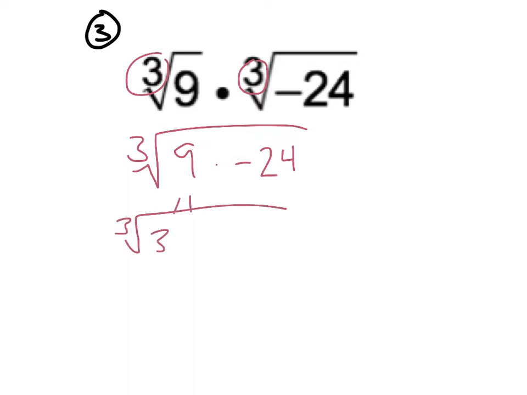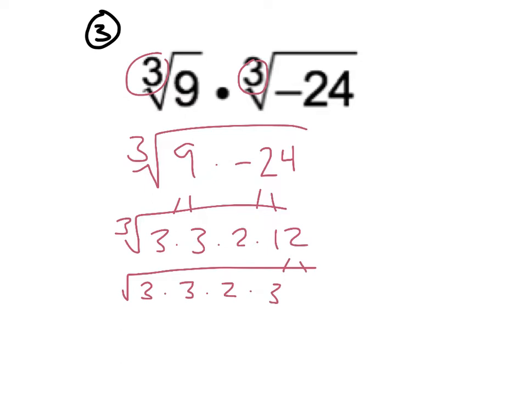So 9 breaks down into 3 and 3, and 24 breaks down into 2 and 12. So we have 3 times 3 times 2 times 12 breaks down into 3 and 4. So 3 times 3 times 2 times 3 times 2 times 2.